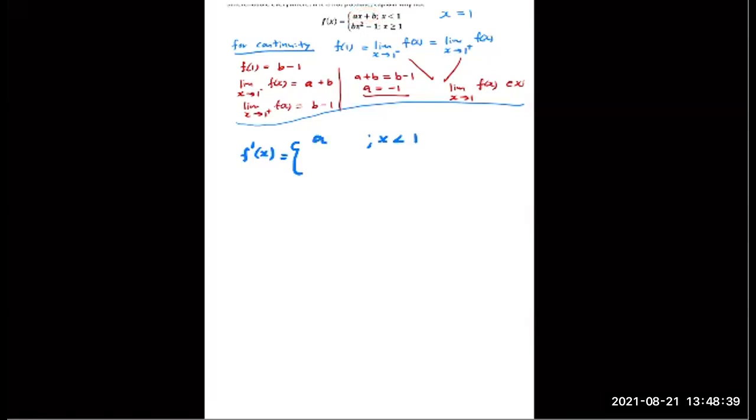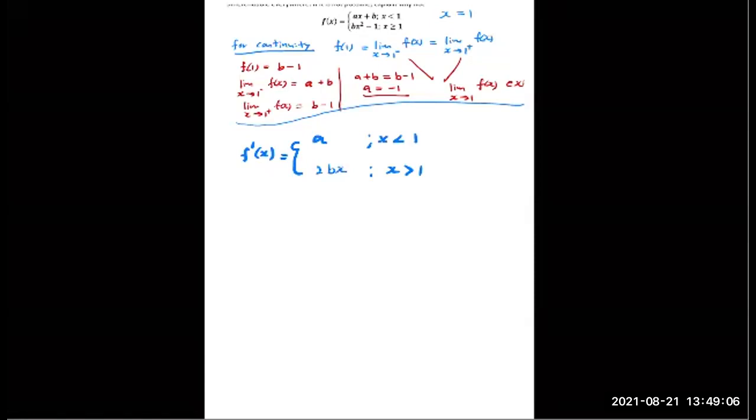So the derivative of this piece is just a. And then when x is greater than 1, I find the derivative of this function, which is 2bx. The derivative of this piece is 0, right? It is 2bx. Now, what do I want?